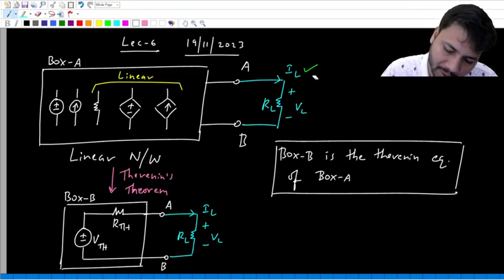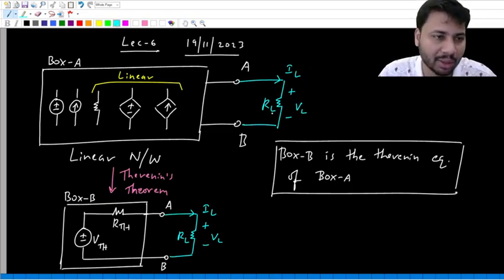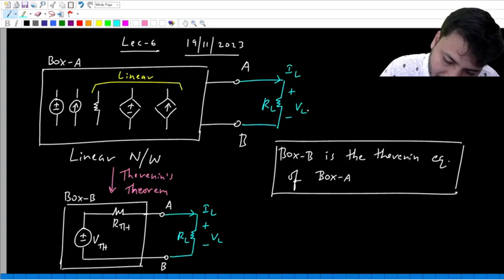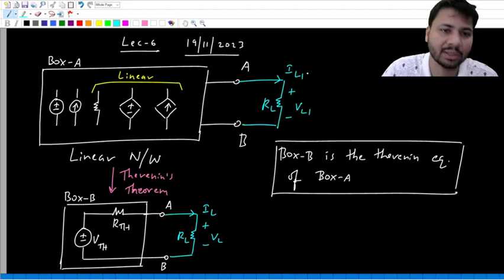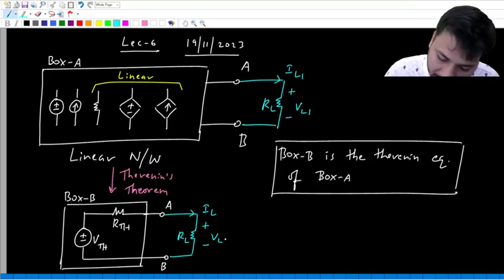From the load point of view, both the boxes are identical. Let's say when you connect the load resistance across the original network, that is Box A, the resulting load voltage is some VL1, and the resulting load current, let it be some IL1. Now when you connect the same load across Box B, the Thevenin equivalent of Box A, then again across the load you will get some voltage, let it be VL2.